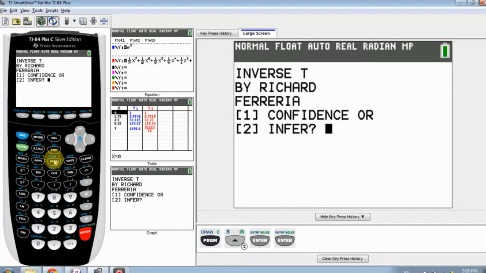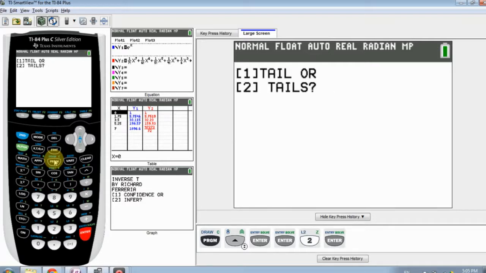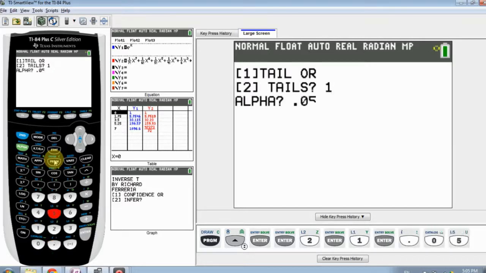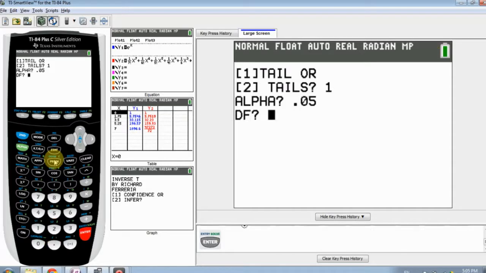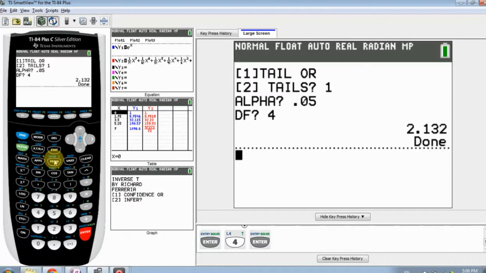We're doing this for inference, with one tail. Our alpha is 0.05, and we have a degree of freedom of 4. So our t-stat was 2.132.